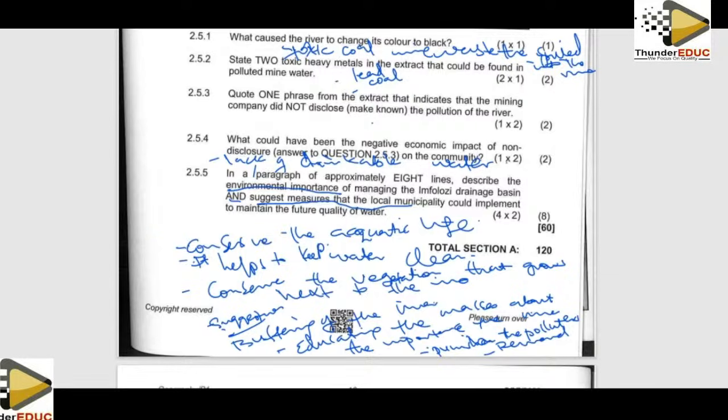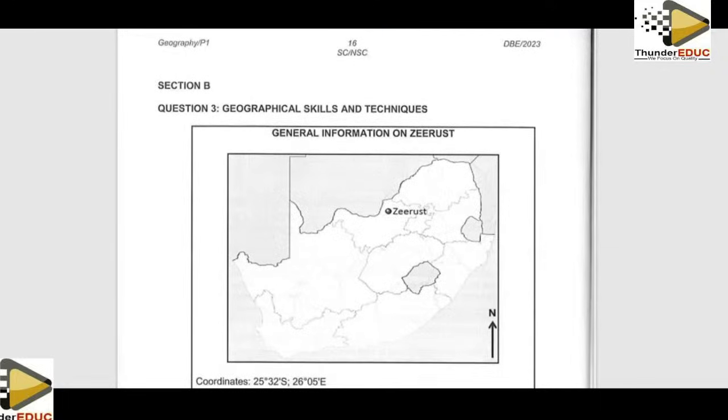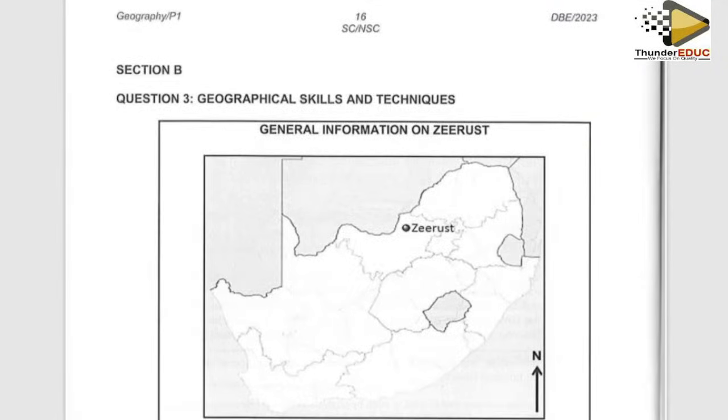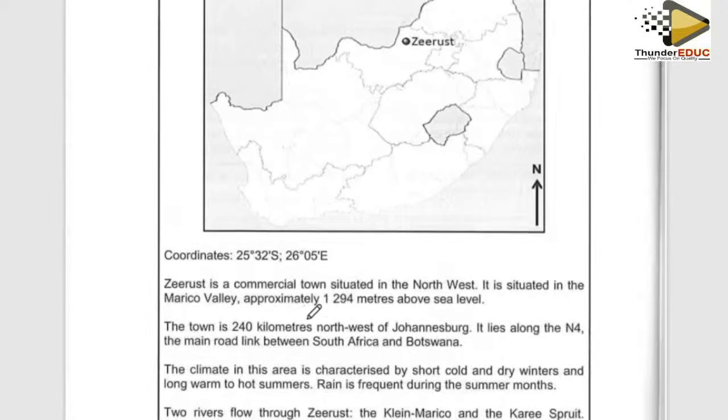Question 3 talks about map skills and techniques. Here it's coming from Zeerust, which is in the North West province. You read this information, it is very relevant, so don't just jump it. Zeerust is a commercial town situated in the North West province. It is situated in the Marico Valley, approximately 1,294 meters above sea level. The town is 240 kilometers northwest of Johannesburg.